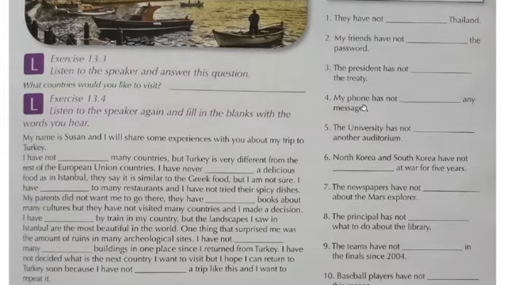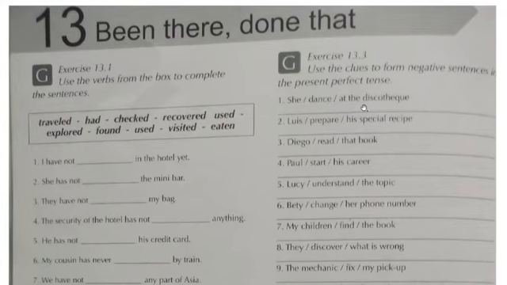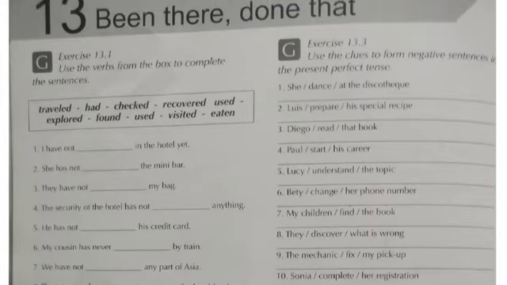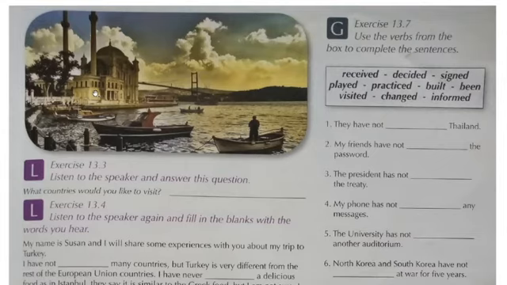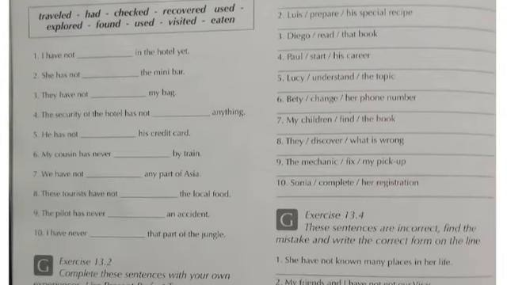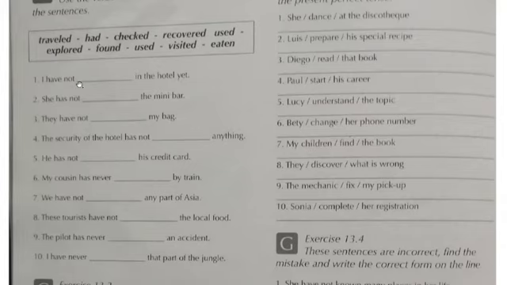Okay, now on your workbook on page 79 we have to complete exercise 13.1. It says use the verbs from the box to complete the sentences. Now you have 10 sentences, and in the box you have the verbs, and the verbs are in past participle, so you don't need to change them.